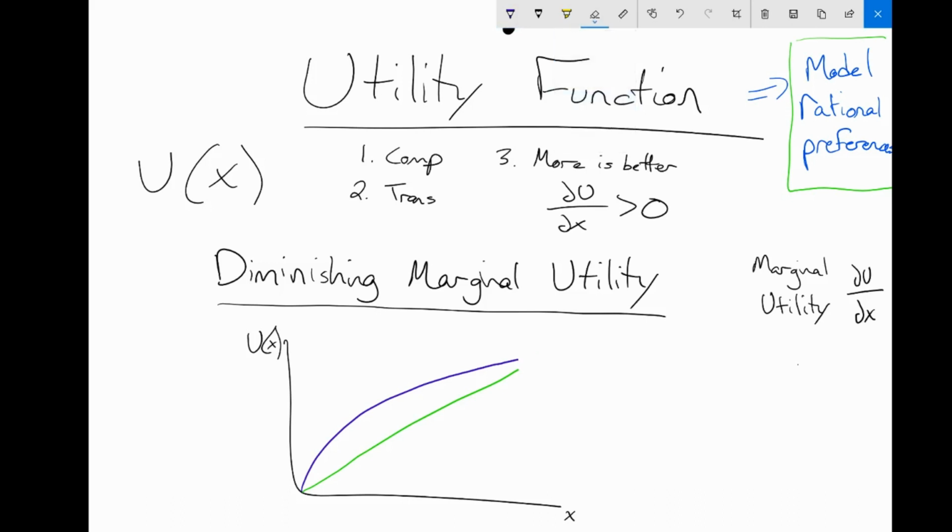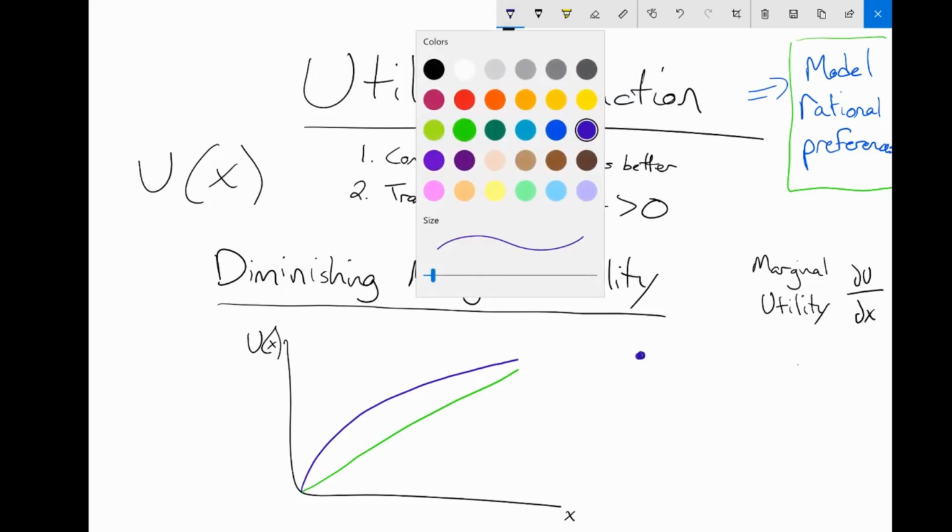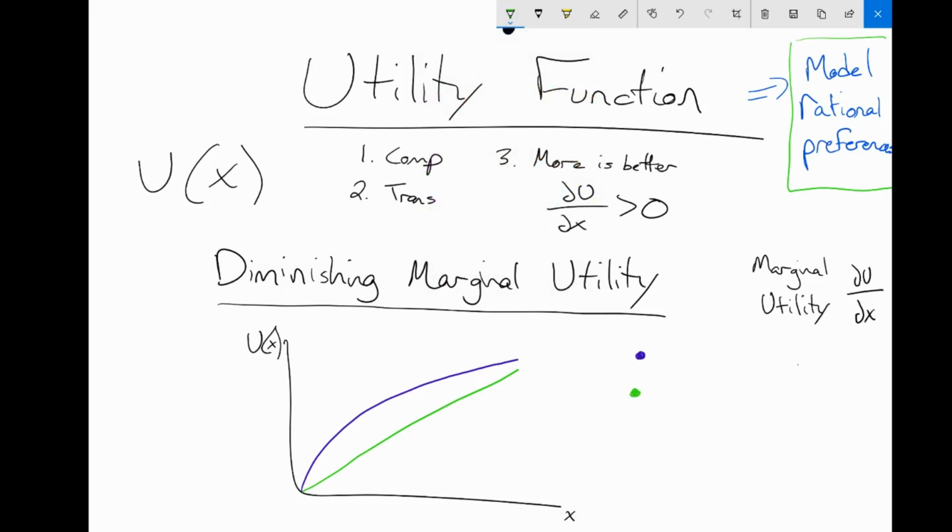So I have the purple utility function, and I've got the green utility function. Now the question is, which one of these does a better job of capturing utility, of explaining utility?